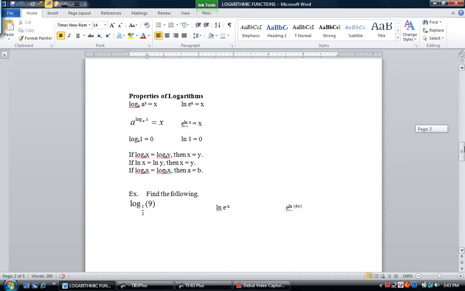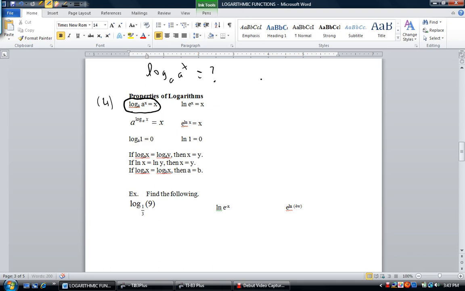Now we have some more properties. In fact, we actually only have one main property to look at. It's this one right here. This is going to be number 4. Here's where it comes from. Let's say that we have log base a of a to the x. Let's say we don't know what that equals, so we'll call it a question mark.